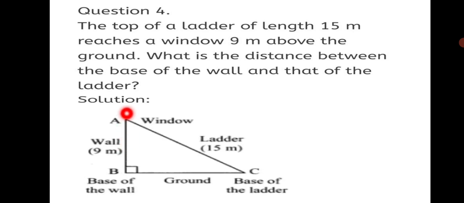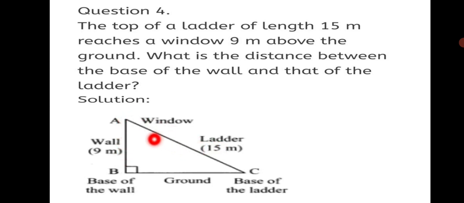So A is the point where we have the window, and this is a 15 meter ladder reaching the window from the ground. The window is 9 meter above the ground, as told in the question. So we have a wall which is 9 meter and the window on top.